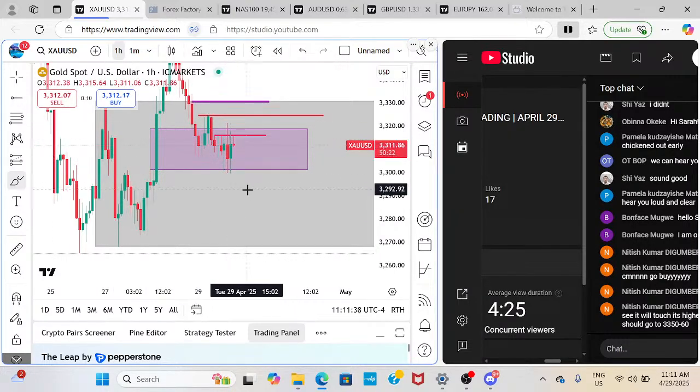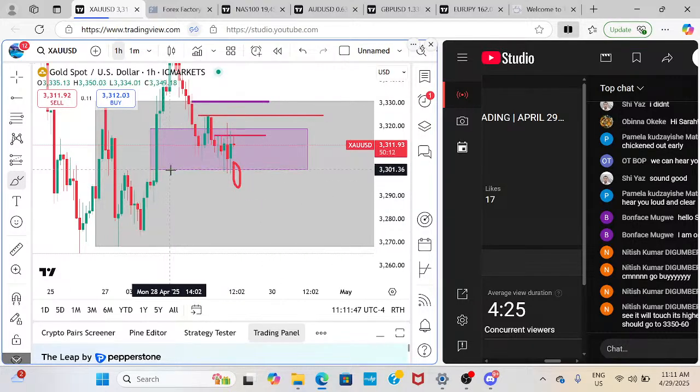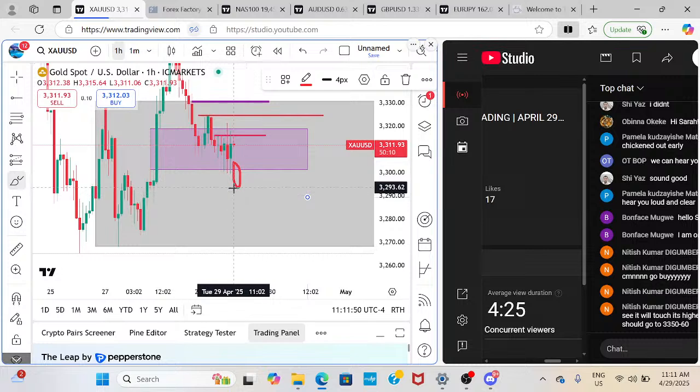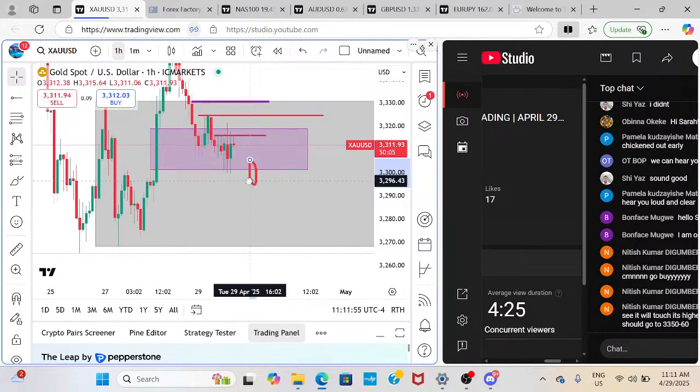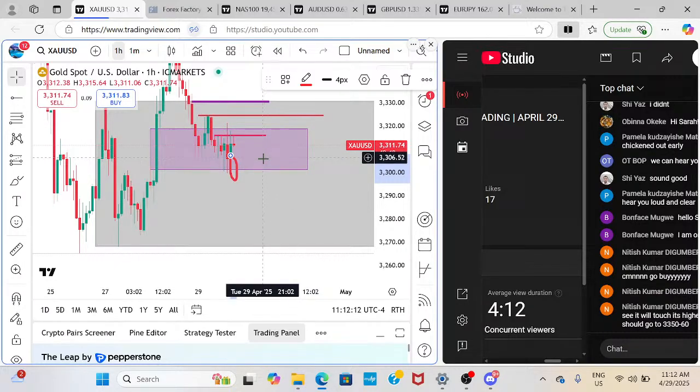So basically what needs to happen, we need to get a 1 hour candle to close below this current support, right? So the support is at 3,301. If we can get the price to close a 1 hour bearish candle below this current support, 3,301, then the zone between 3,301 and 3,319 is going to turn into a very strong resistance.